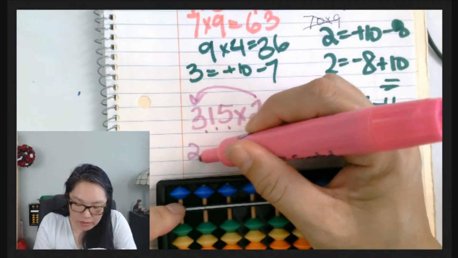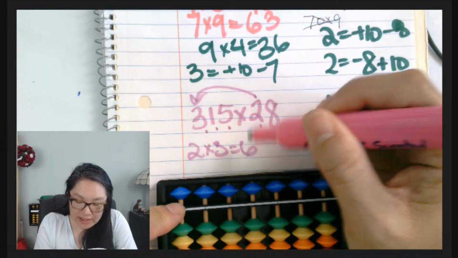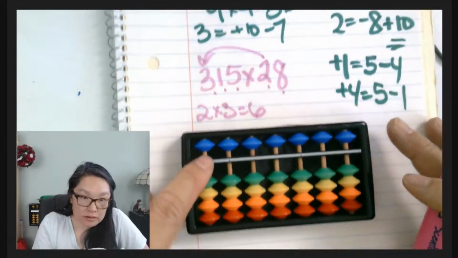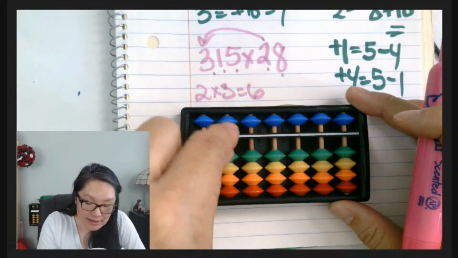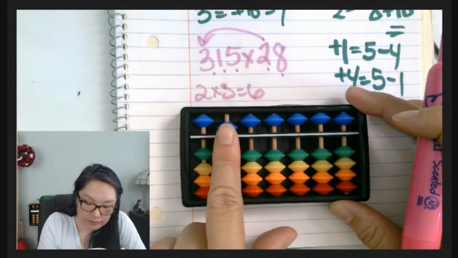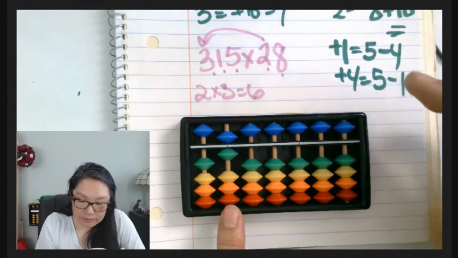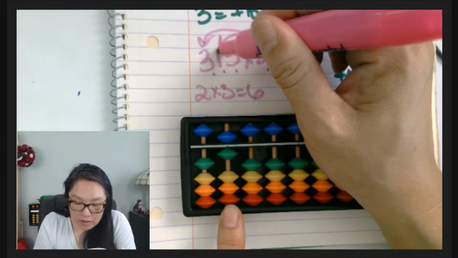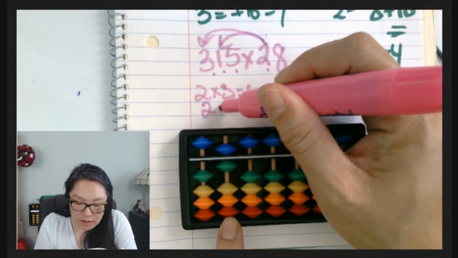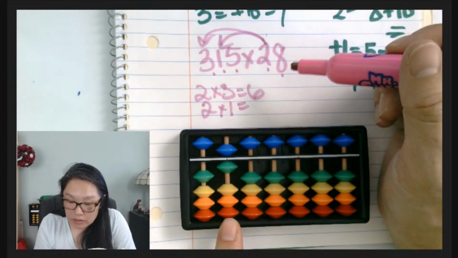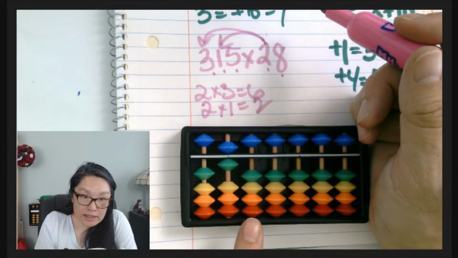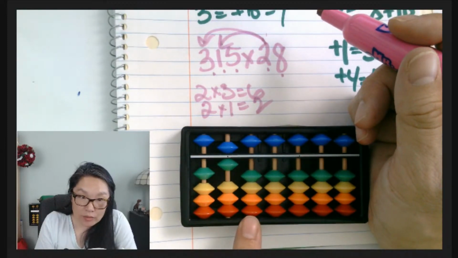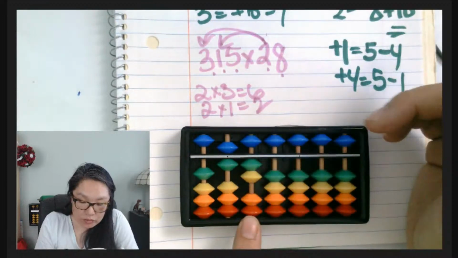Because 2 times 3 is equal to 6. 6 is a single digit, so you go back one column and you add 6. Two times 1 is equal to 2. 2 is a single digit, so you go back one column and you add the 2.